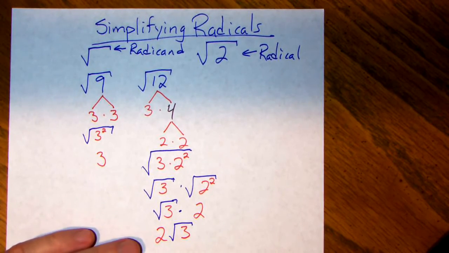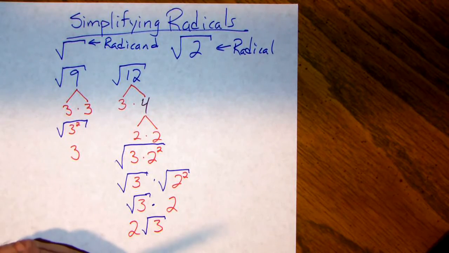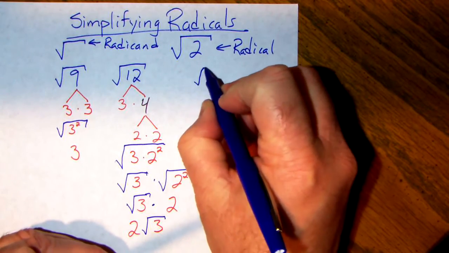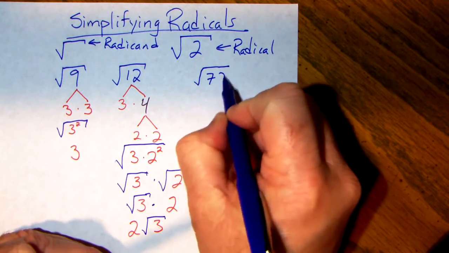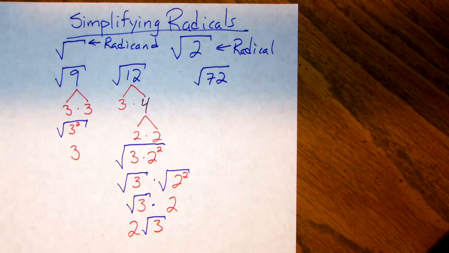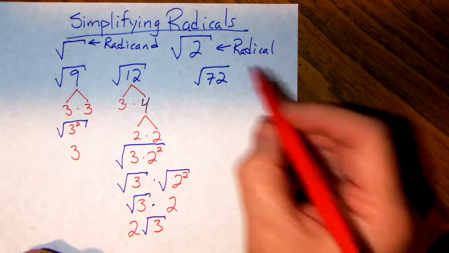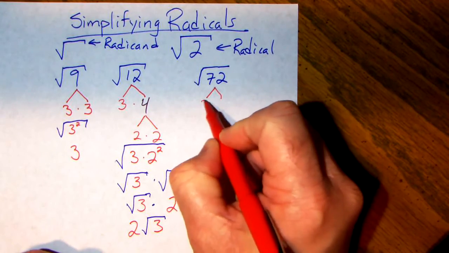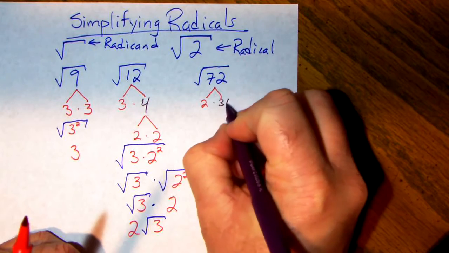All right, so let's take a look at one more sample of that. What if we were taking the square root of 72? Now, a bunch of different ways to tackle this one, just like I said before. 72 you might recognize as 2 times 36.